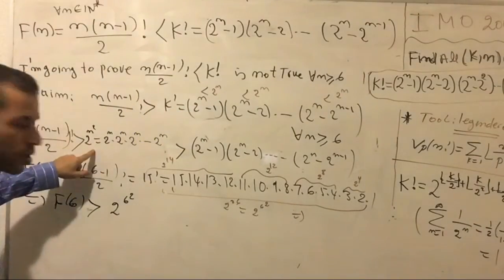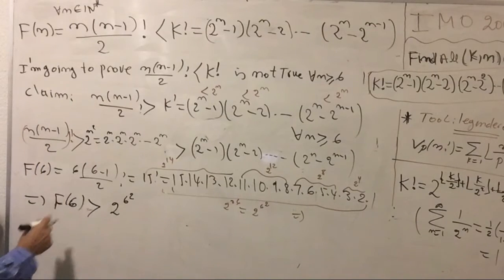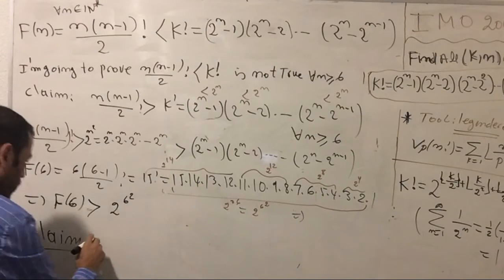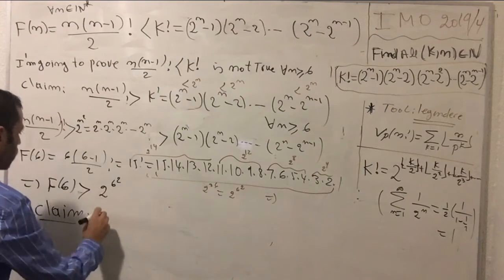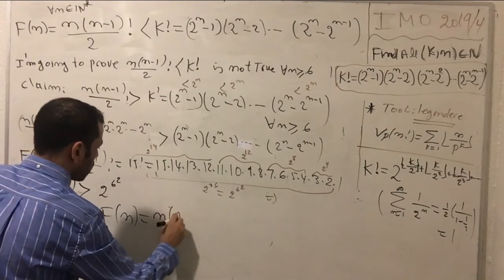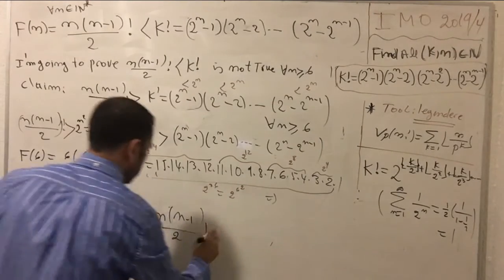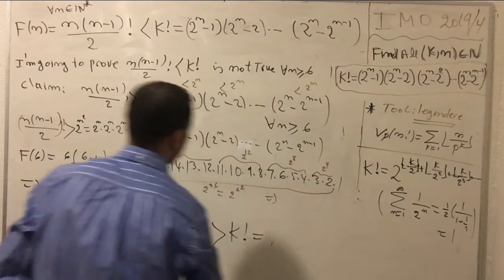So I'm going to claim this is true by mathematical induction: f of n, equal to n minus 1 over 2 factorial, is true, greater than k factorial. Which is this one.